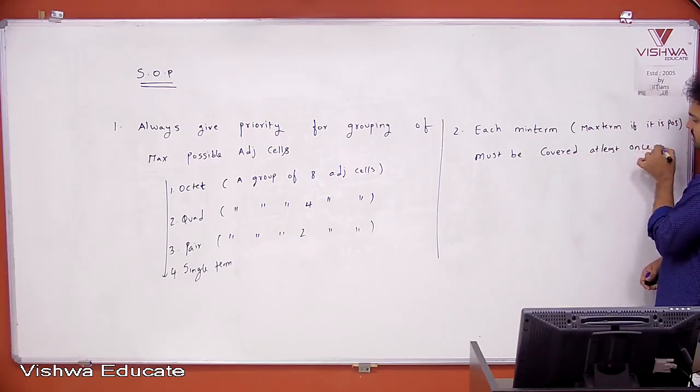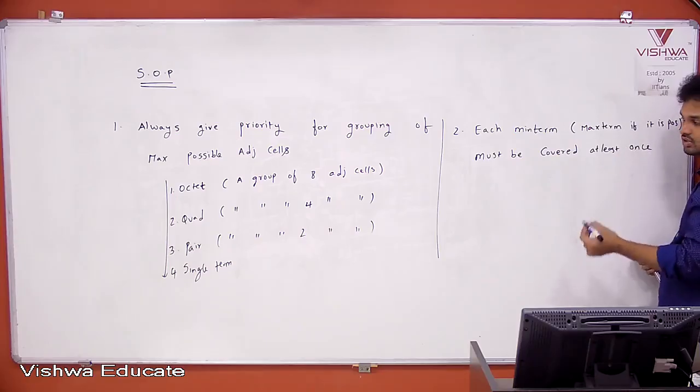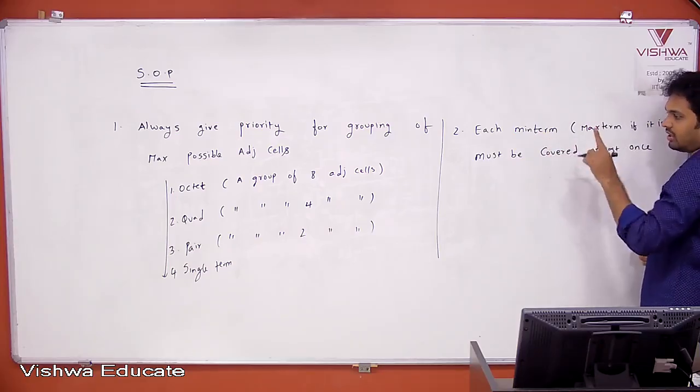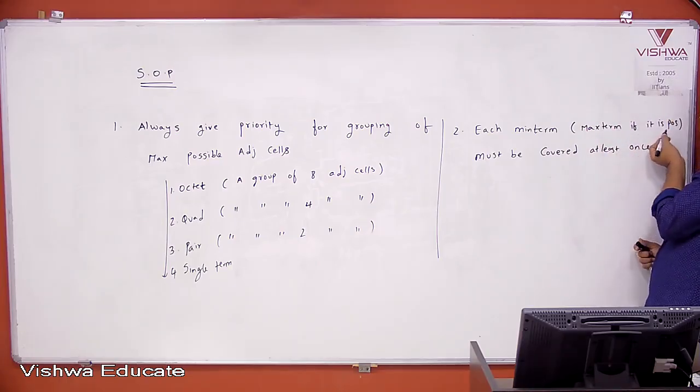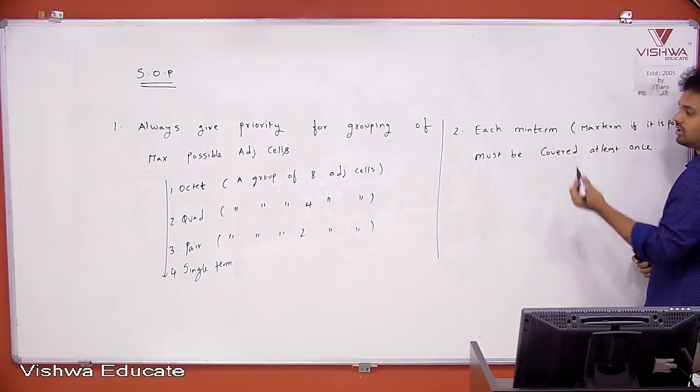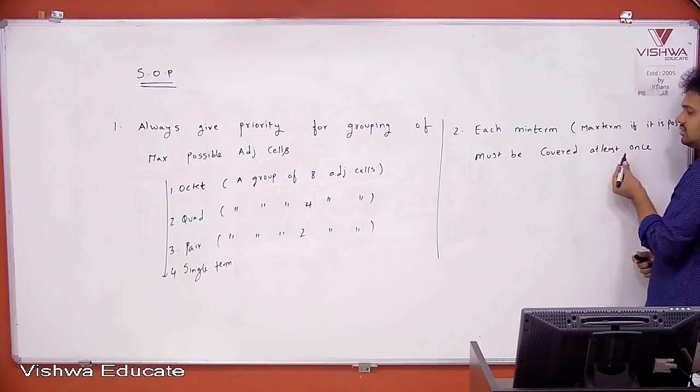Then only your function is completely covered. When you write the expression, we should take care of all minterms. You should not leave any minterm. If it is POS, we should take all maxterms. Okay, so take this second point: each minterm must be covered at least once.